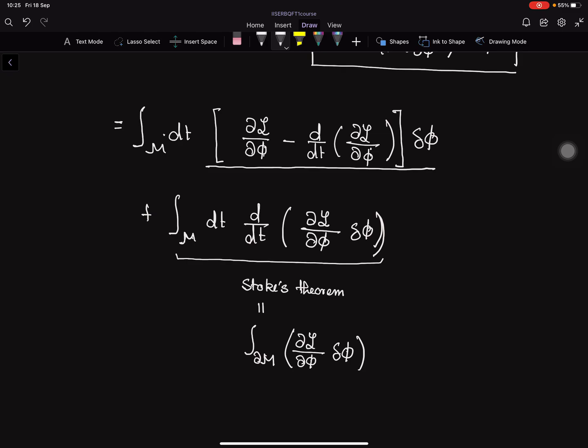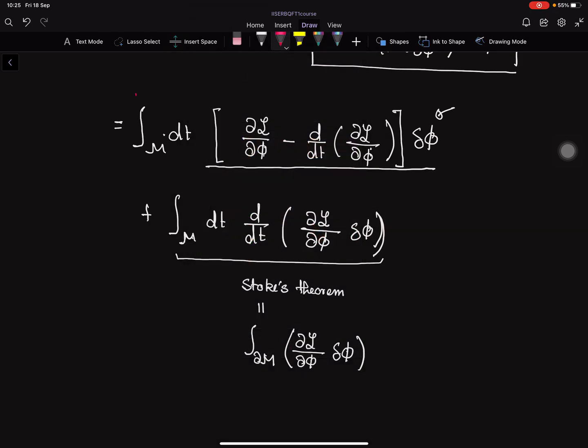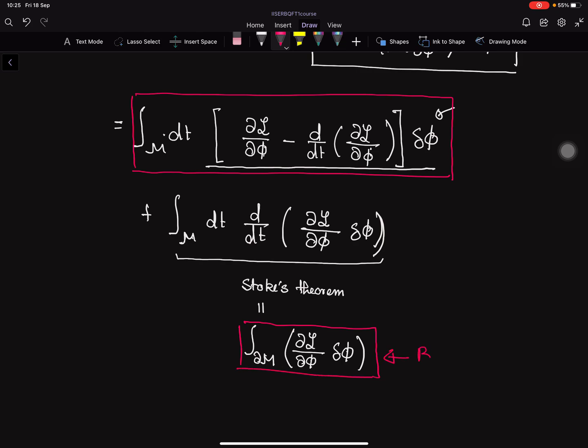So this term gets contribution from the full range of integrals, whereas this term gets contribution only from the boundary.